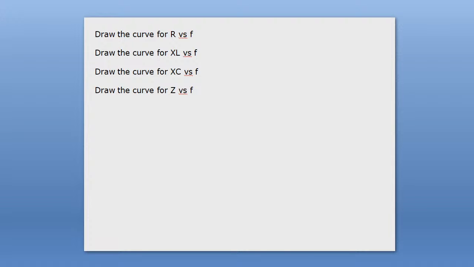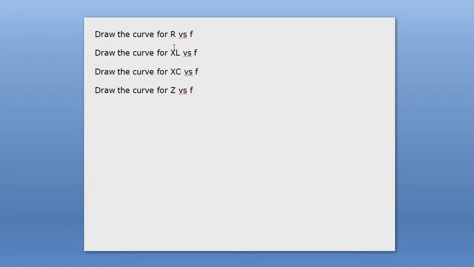Anyone can tell me what type of curve you will get if you draw the R versus frequency curve, the XL versus F curve?